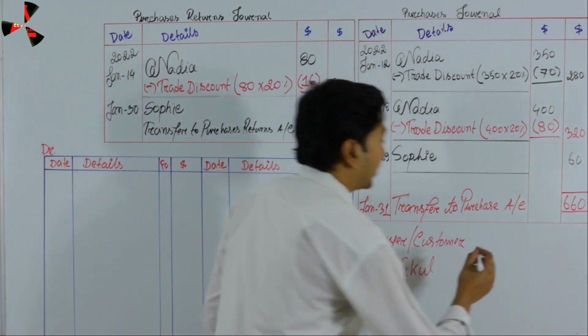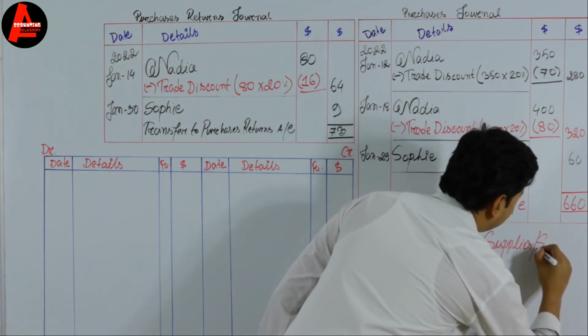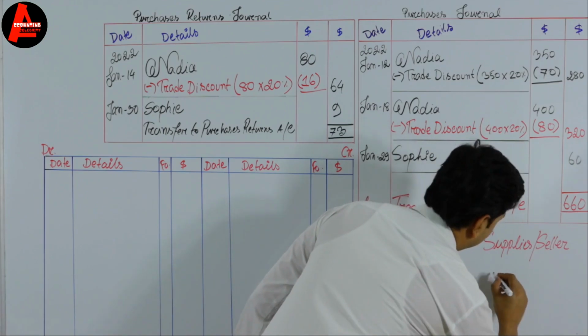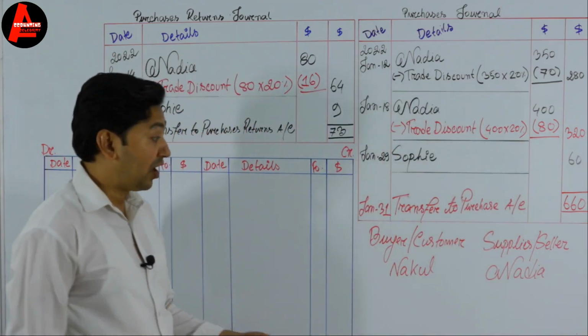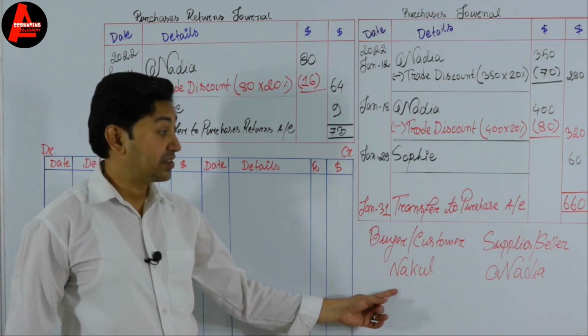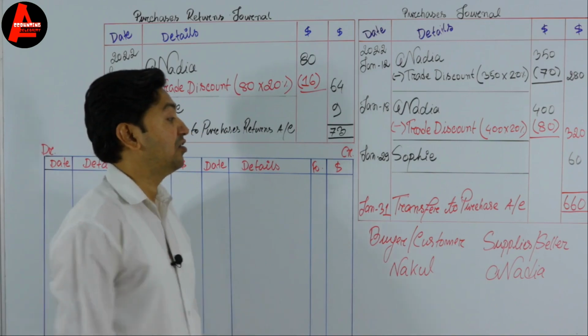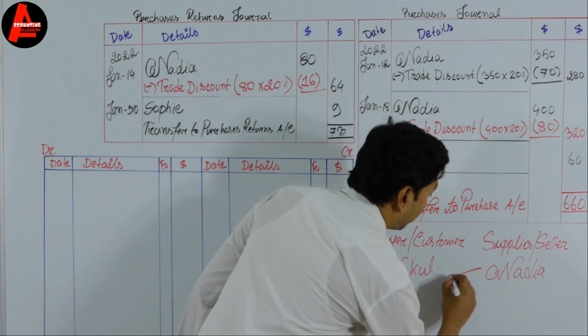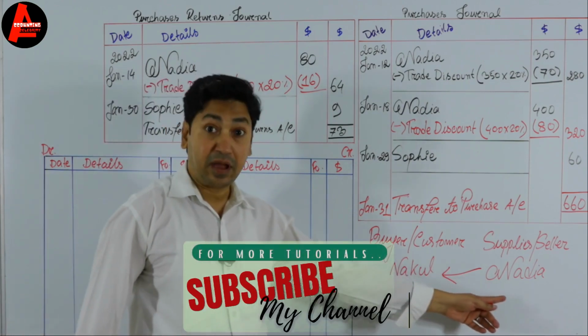Let us write here: supplier or seller is Nadia. So Nakul means we purchase goods from Nadia. We receive goods from Nadia, so Nadia is our supplier.